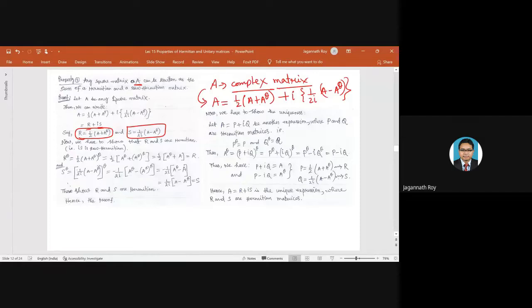So in order to show that, we have to show that R theta equals R and S theta, we are supposed to show, equals minus S.